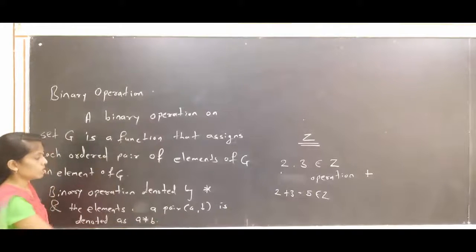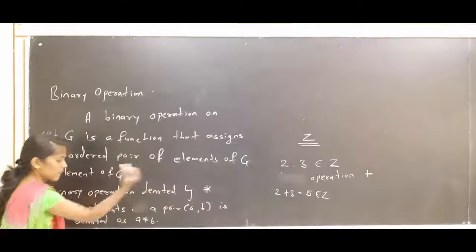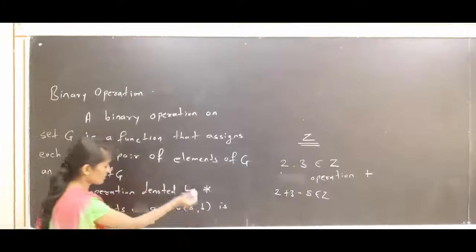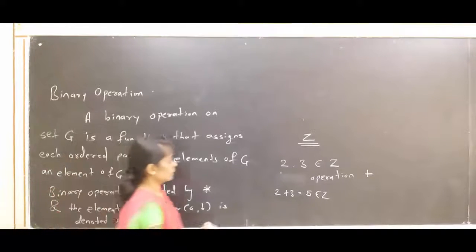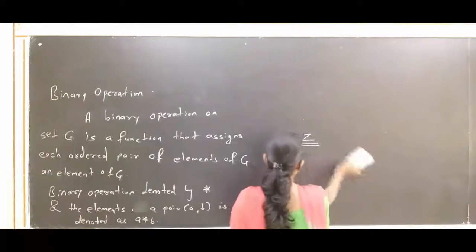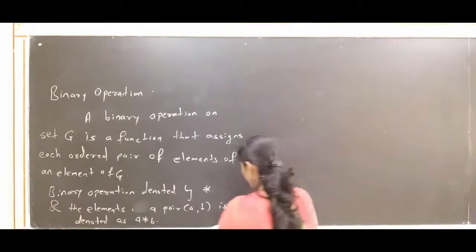Okay, so a binary operation is denoted by star and ordered pair (a, b) is denoted as a star b. Now we see examples.